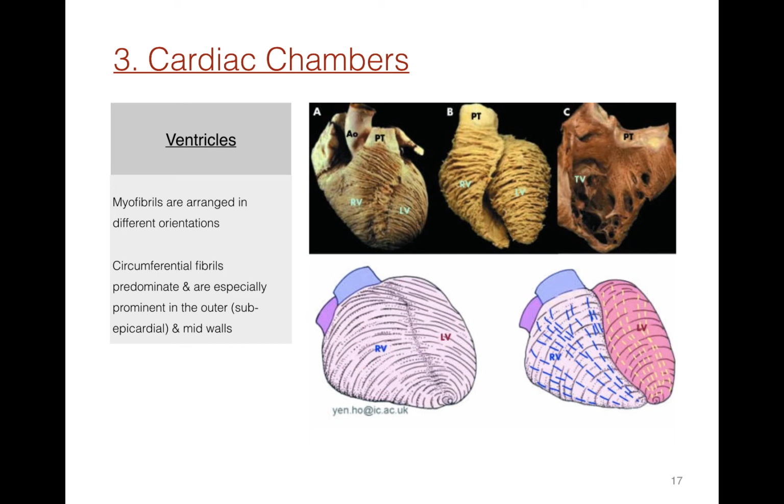The predominant orientation is circumferential fibers, especially in the mid and outer walls. The inner walls of the myocardium tend to have fibers that are arranged longitudinally, that is to say a more vertical type orientation, like the image on the lower right displays.